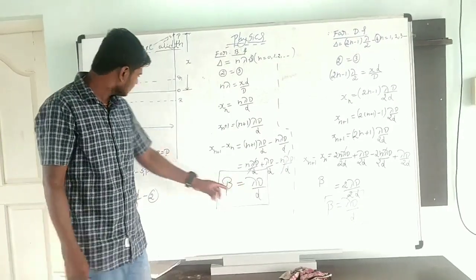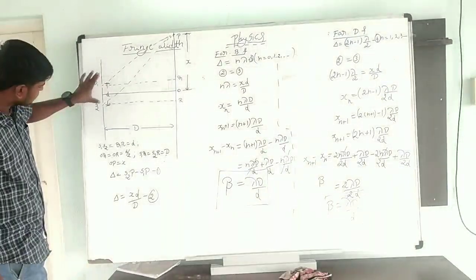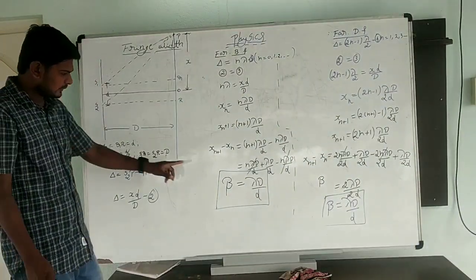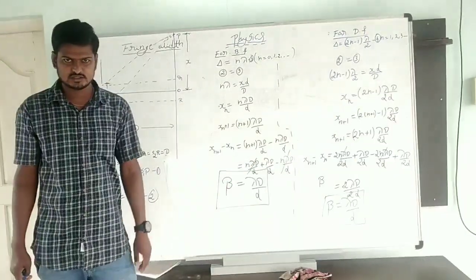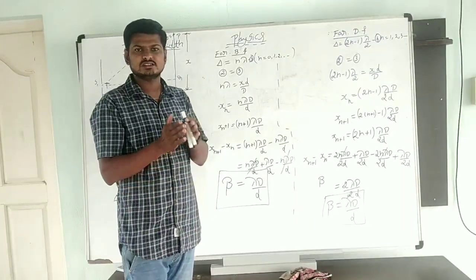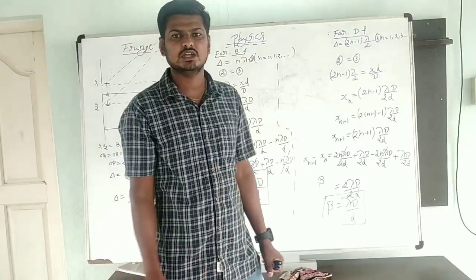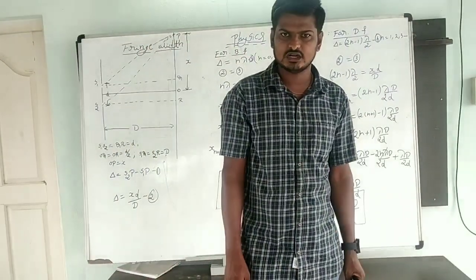When the distance between the two slits, small d, increases, the fringe width decreases. In the last class itself I told, when the slits are widened, the fringes gradually disappear.